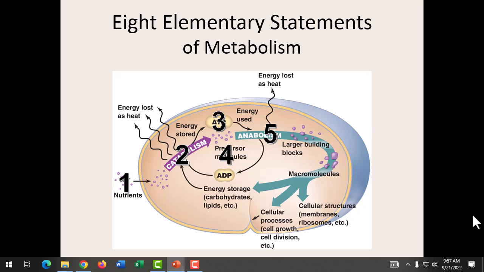I've got all these different smaller things that I can then use to build whatever I need to build. And so in anabolism, the precursor molecules and the ATP, because you need energy, are used to make larger molecules. We have precursor molecules and we have the energy. In my vase, I had all the pieces of the vase and I had the energy and motivation to do it. I can then make a larger molecule.